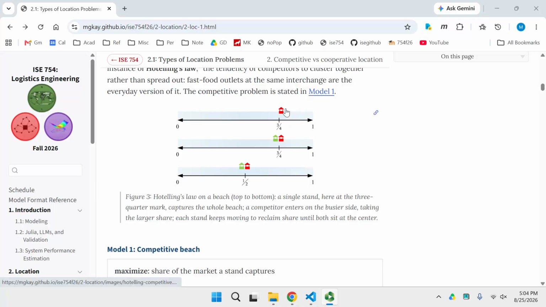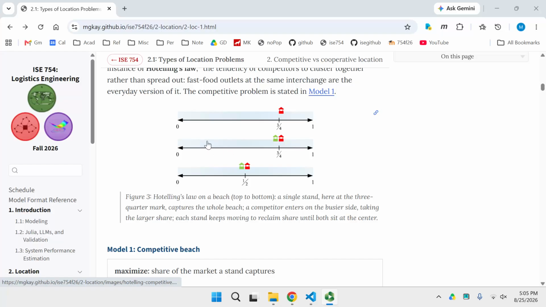One hot dog stand by itself could locate anywhere, and assuming customers are going to visit the hot dog stand, as soon as a competitor goes to the beach, if they locate right next to the current existing hot dog stand, then assuming customers are indifferent, they'll go to the closest hot dog stand, which would be the green one.